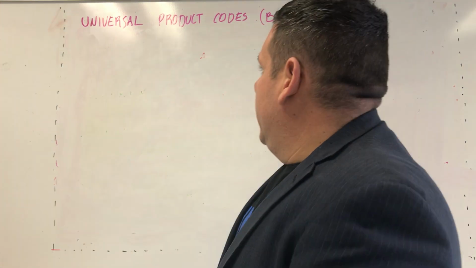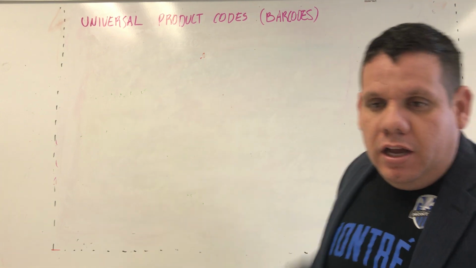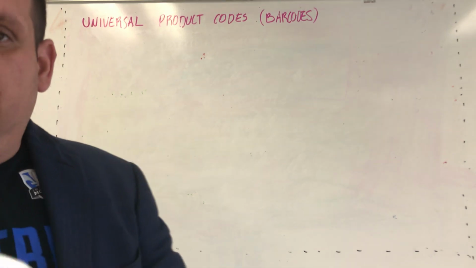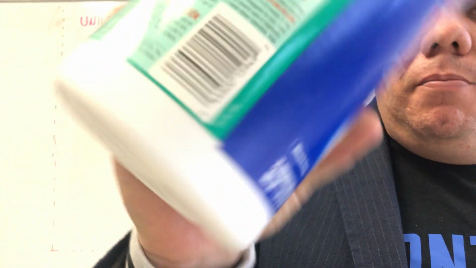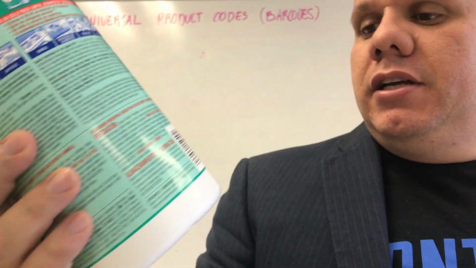Okay, today's topic is universal product codes or barcodes. And when I am talking about this, I am referring to the barcodes that you can find in all the products in the supermarket, like Walmart.